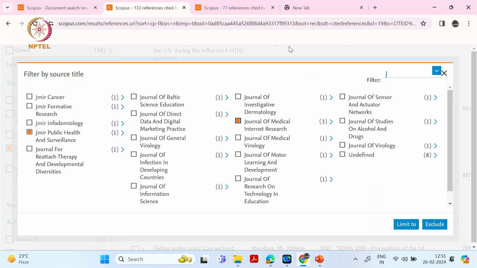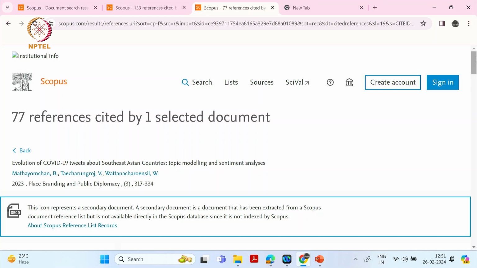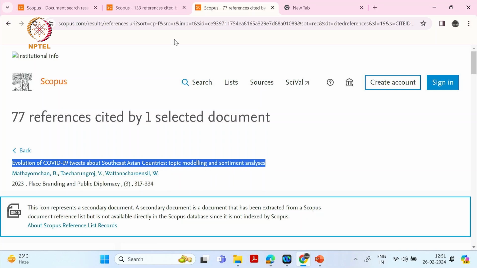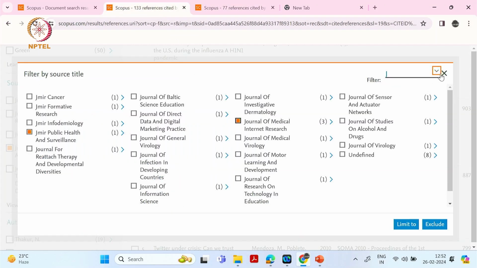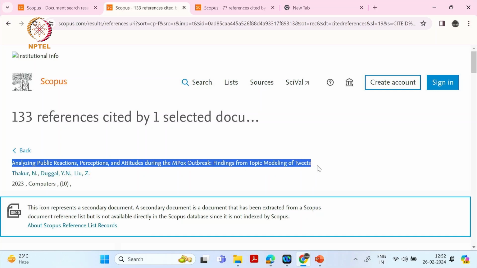One is this document, Evolution of COVID-19 tweets about Southeast Asian countries, topic modeling and sentiment analysis, and another paper is this, analyzing public reaction, perception and attitude during the Mpox outbreak, findings from topic modeling of tweets.